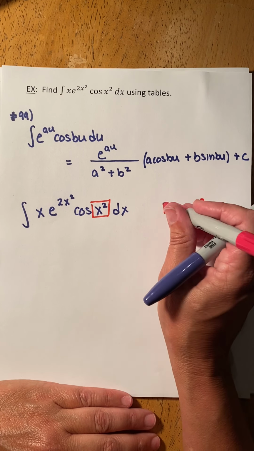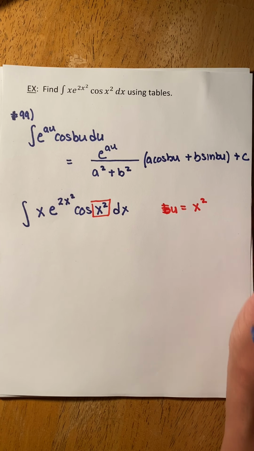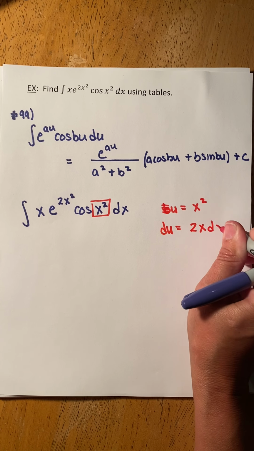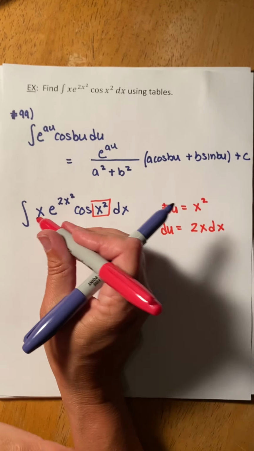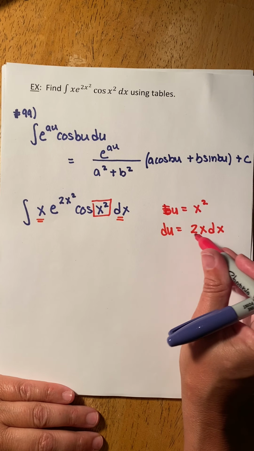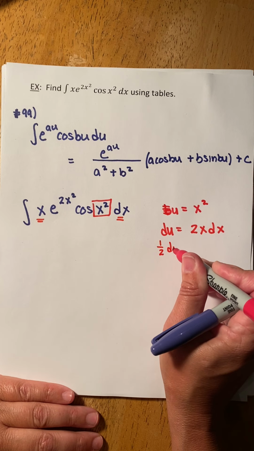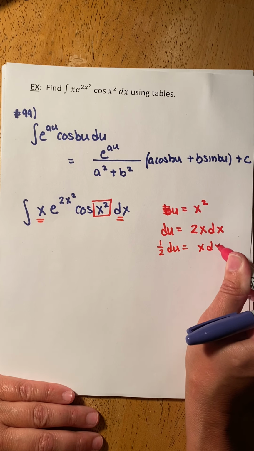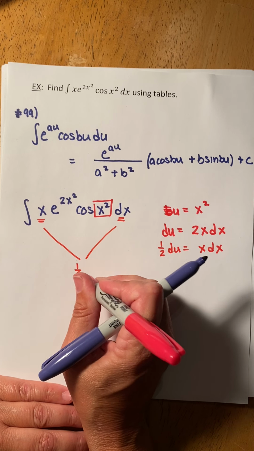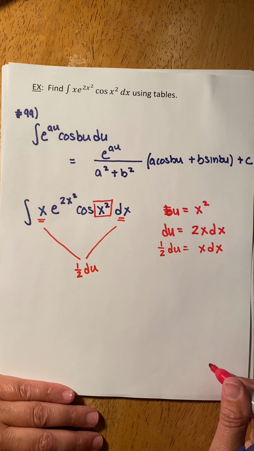But you know what? I'm just going to let u equal x squared because that's just a constant. And then du equals 2x dx. Oh, look, x dx. Well, x dx is just 1/2 du. So I'm going to replace this x dx with 1/2 du.